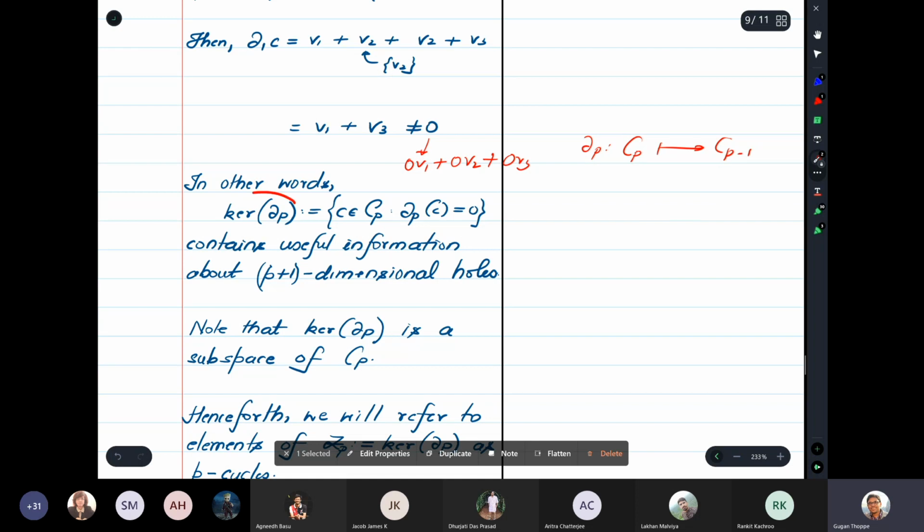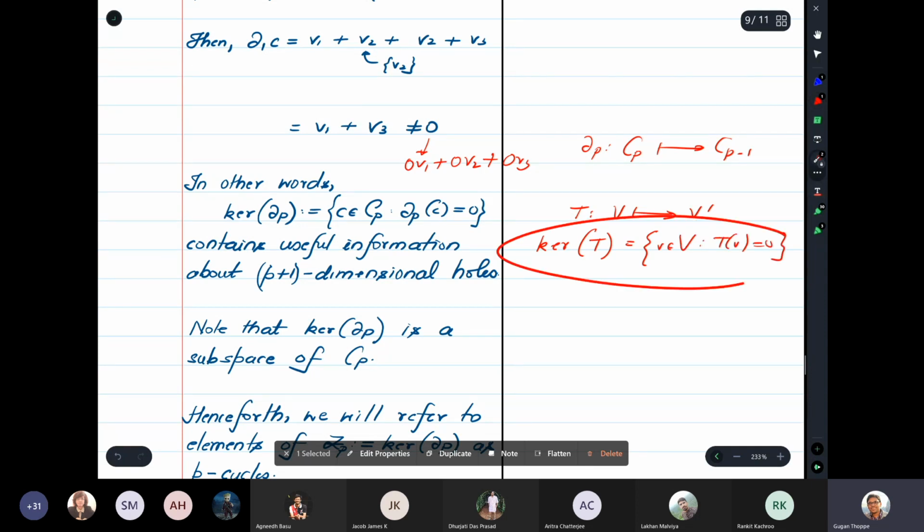So this is what the kernel of a linear map is. Whenever I say kernel, this is how it is defined. If you have taken a course on linear algebra, let's say T is a map from V to V prime, and if I asked you to define the kernel of T, you would have said all little v in capital V such that Tv is 0. So I'm defining this kernel in the same sense over here.